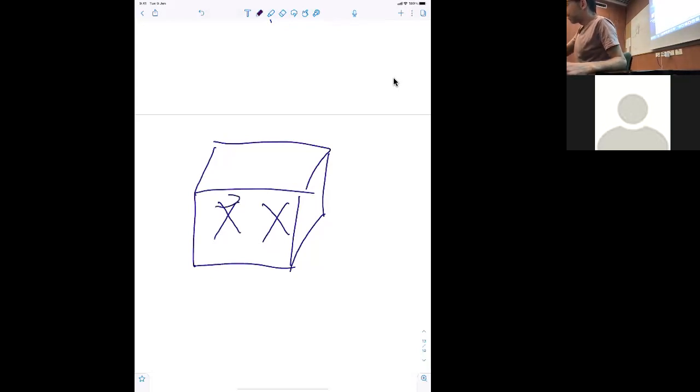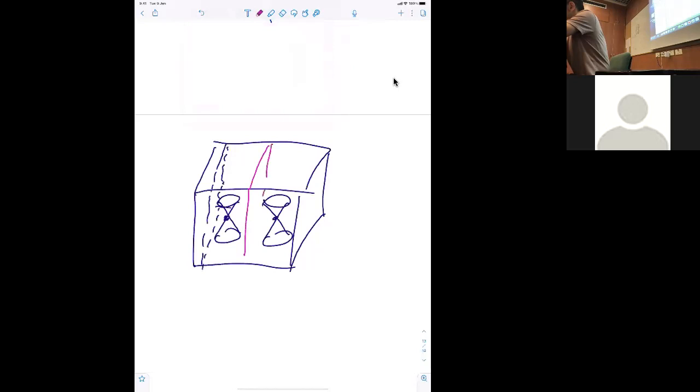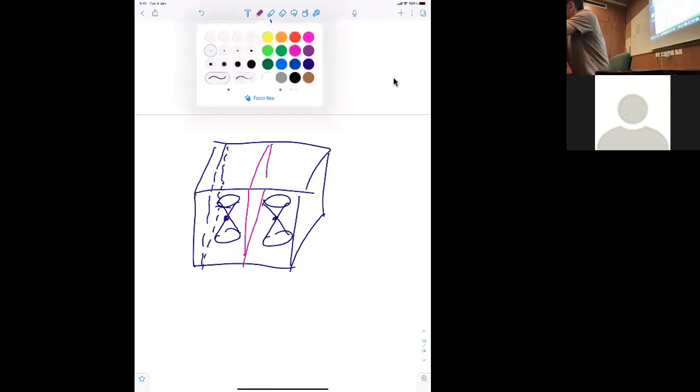But anyway, let's visualize this picture. So the 2 Weyl nodes coming in here. This is the K space, and then we perform a cross section in the K space, cutting K space along a plane. So we may have a blue plane, we may have a purple plane, and we may have a green plane.